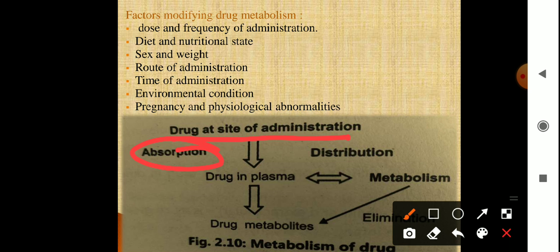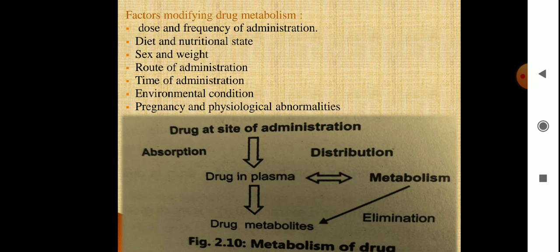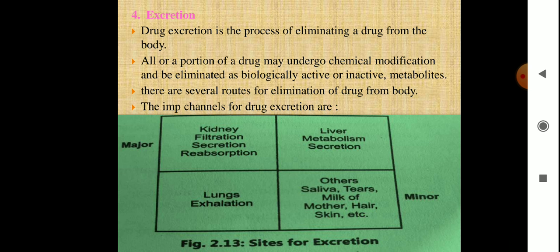After that, the drug goes into the plasma and distribution occurs. After that, it combines with the plasma and is involved in the metabolism. After that, elimination takes place, and the drug metabolites will be absorbed, or the chemical change will occur. Next, excretion. Excretion is the last process in the pharmacokinetics.